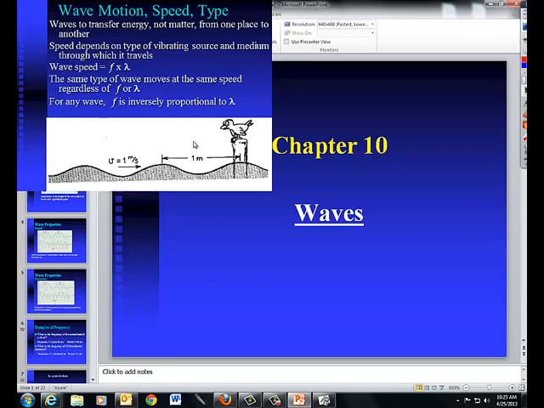So when we talk about wave motion, speed, and type, if you look at the picture at the bottom, you can see there's several different things going on there. And what we need to remember is that when I say wave, most of you probably think of a water wave. That's not really what a wave is. We've called it that. But a wave is just a transfer of energy.